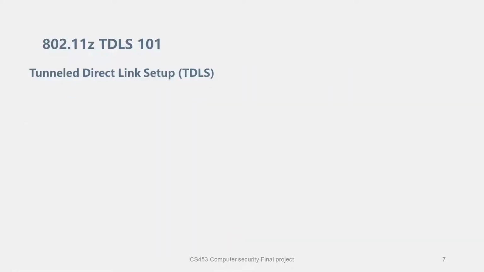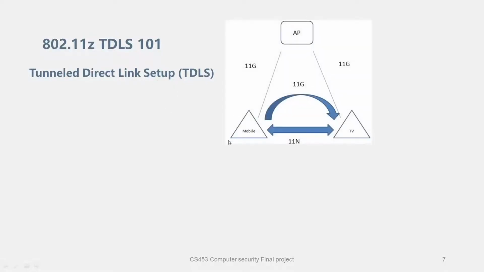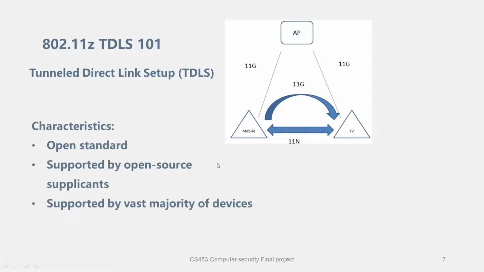So what is TDLS? Tunneled Direct Link Setup connections allow peers on the Wi-Fi network to exchange data with one another without passing it through the access point, AP, thus preventing congestion at the AP. TDLS has many use cases and is supported by most mobile devices.